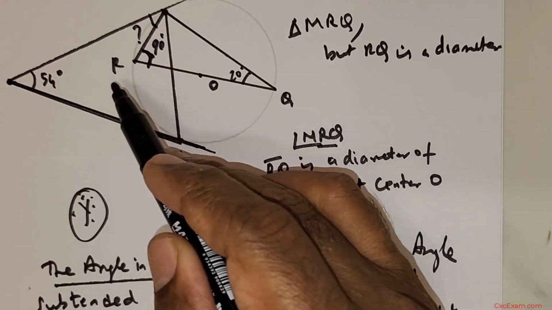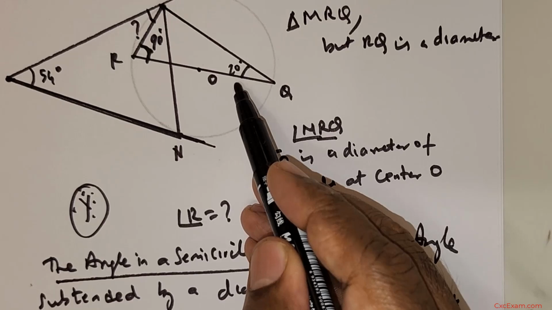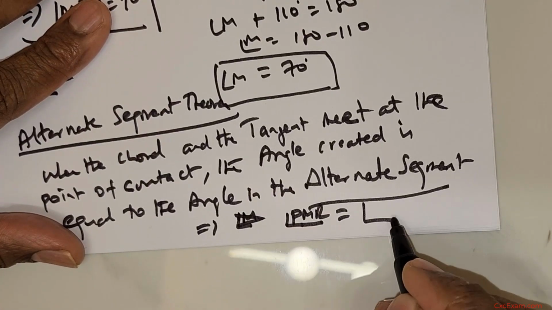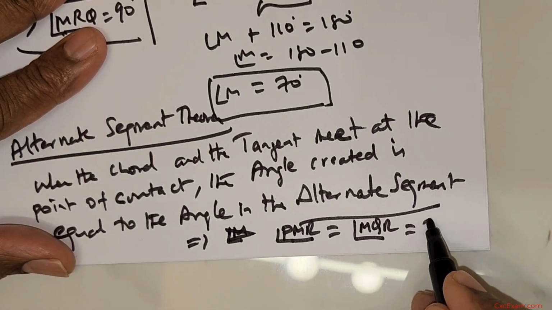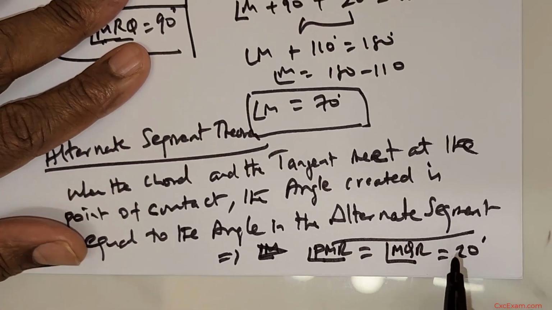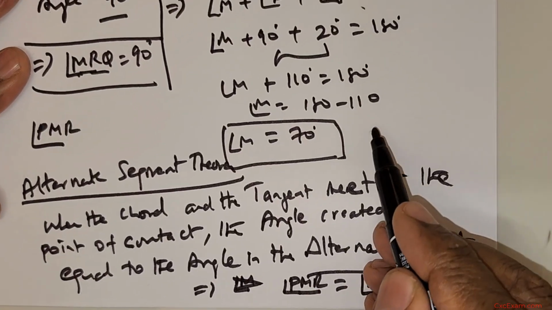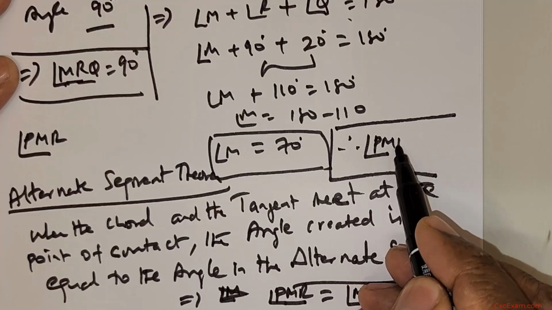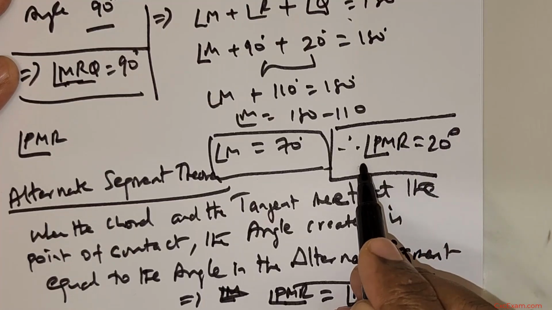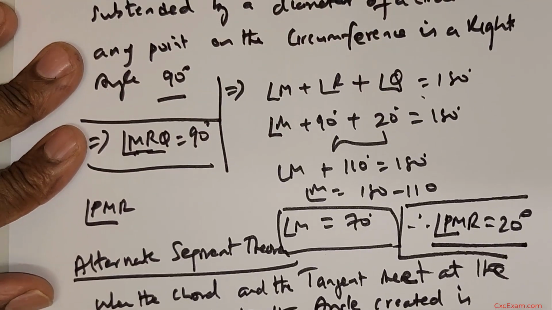This is the alternate segment. Angle MQR is equal to 20 degrees. So therefore angle PMR is equal to 20 degrees. So that is the solution for this question.